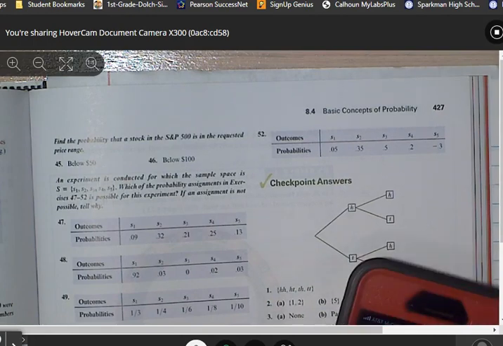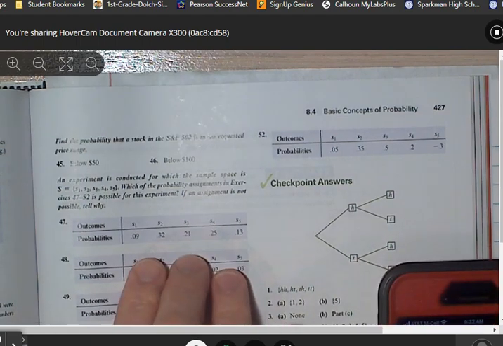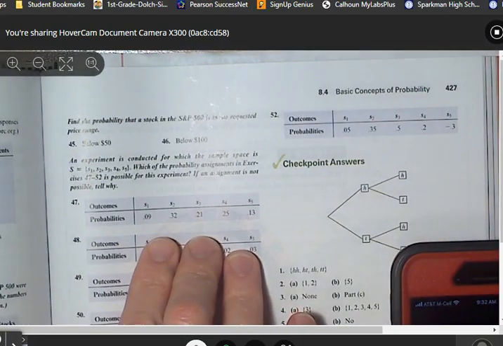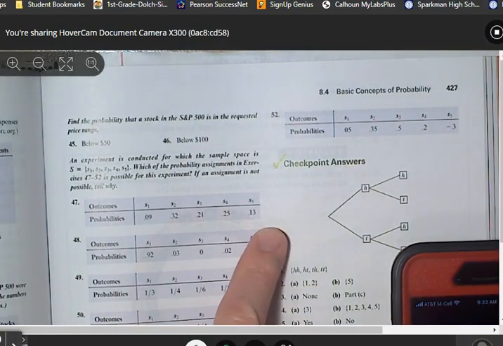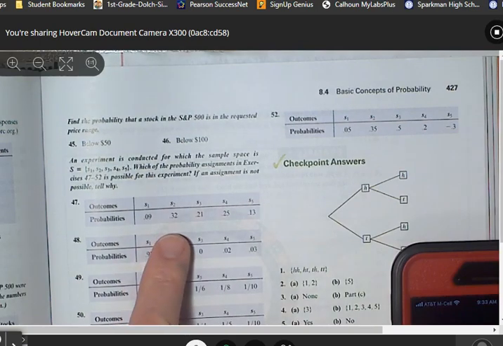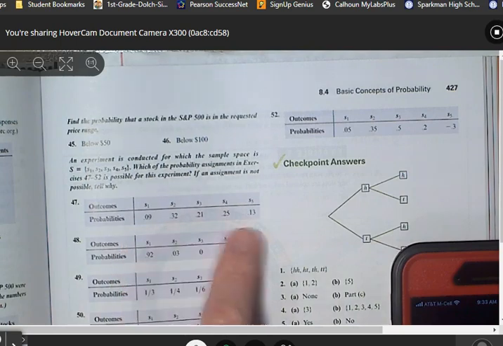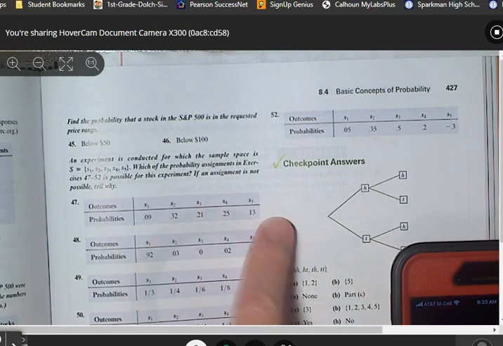We got 0.09 plus 0.32 plus 0.21. Yeah. So if we were looking at 47 right here, maybe a little hard to see on that one, if you take all the probabilities and add these up, it does come out to be 1. So this would be one where they'd ask you, is this possible or not? And you would say, yes, it's possible because all the probabilities add up to be 1.